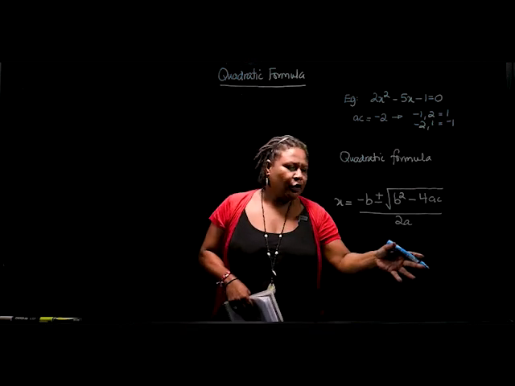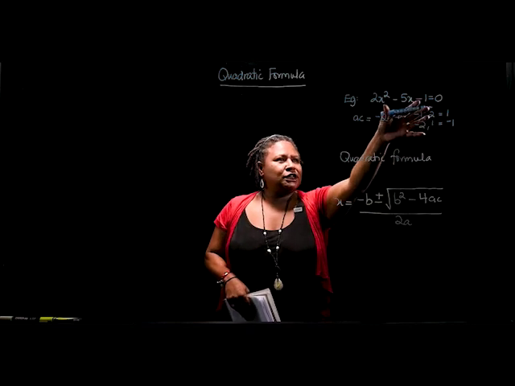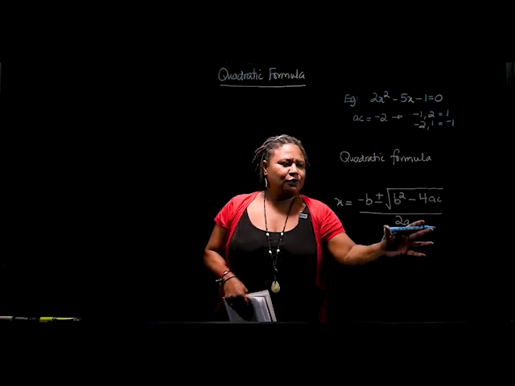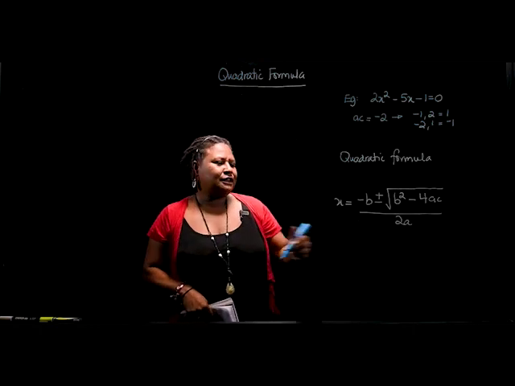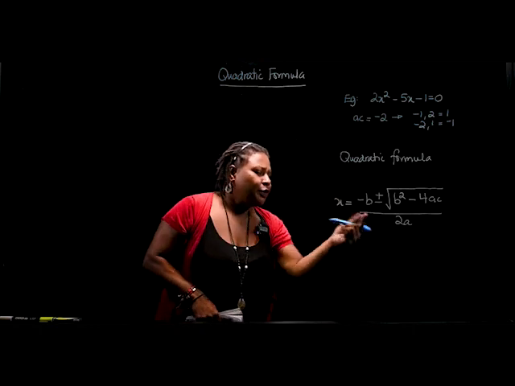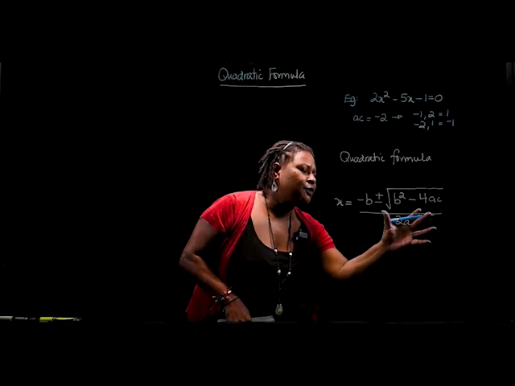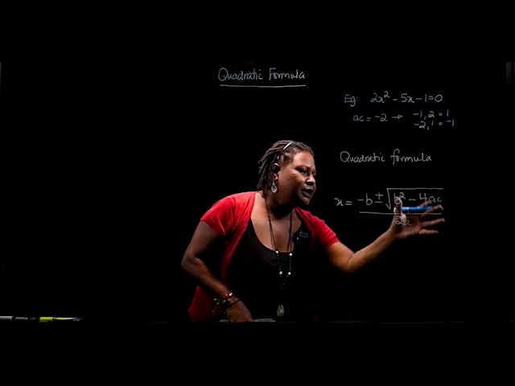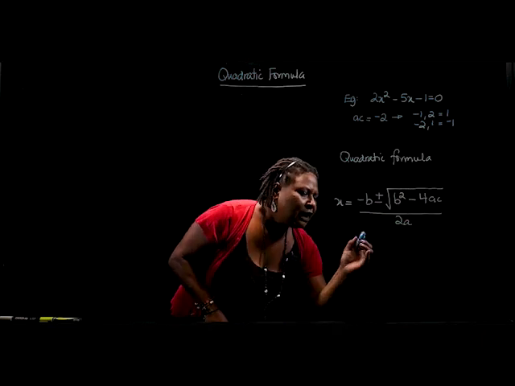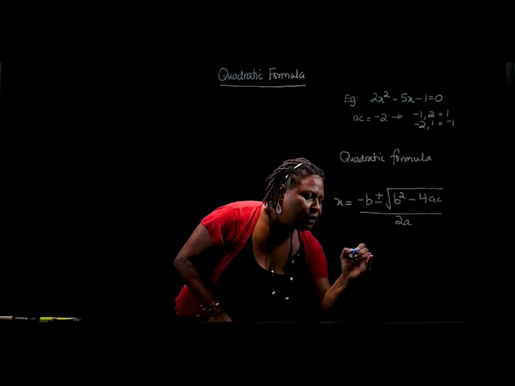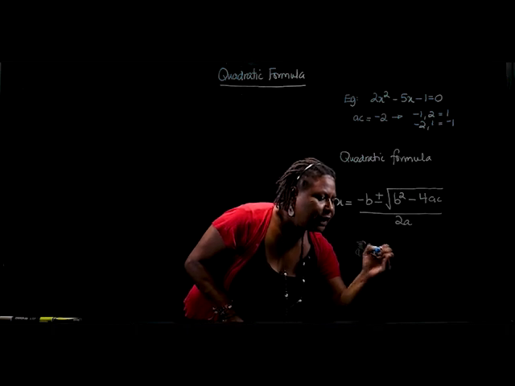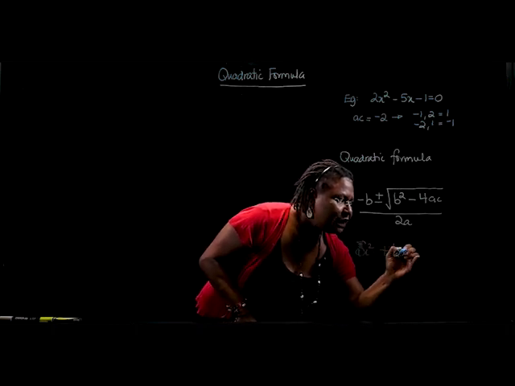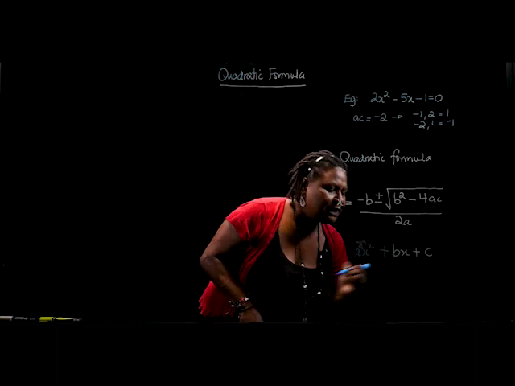We are going to use the same equation and use the formula to solve for the two solutions of x. Remember, you look at your equation, you have a, b, and c in the formula. Your general equation is ax squared plus bx plus c.